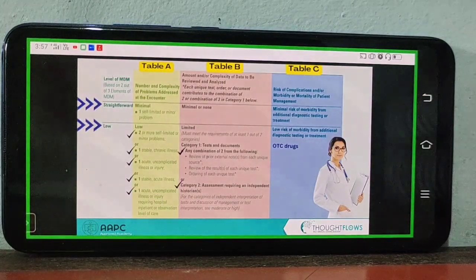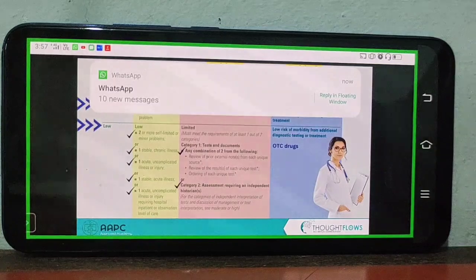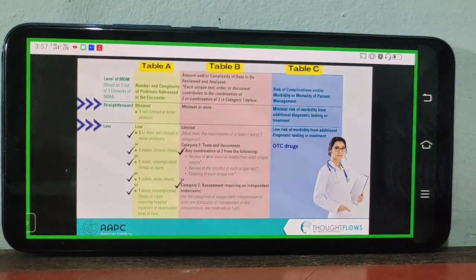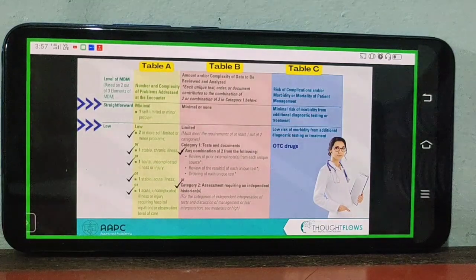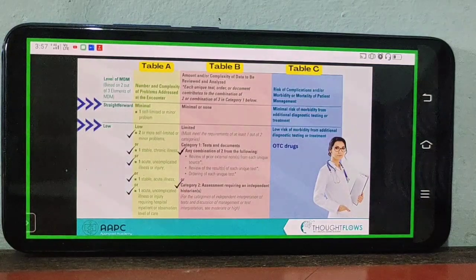Otherwise, as a default, we should report the code for chronic. So only one chronic condition, but stable. Stable means controlled, take a note. Another term for stable is controlled: controlled diabetes mellitus, controlled hypertension. That means the condition has been stable, so that will get 1 point.